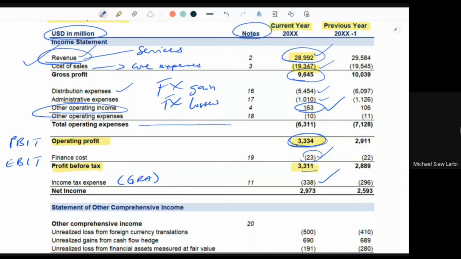But at our level, you take out your taxes, you have your net income. This is what you have available for your shareholders. You've paid everyone. You've paid the bank. You've paid the tax authorities. You have 2.9 left. So out of 28.9, you can see how we went through everything here. And technically, everything on this screen is either an income or an expense.